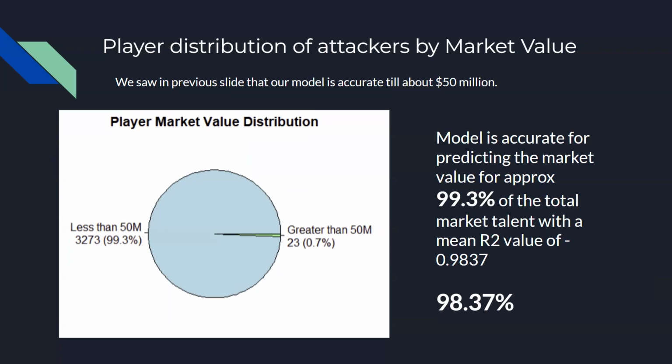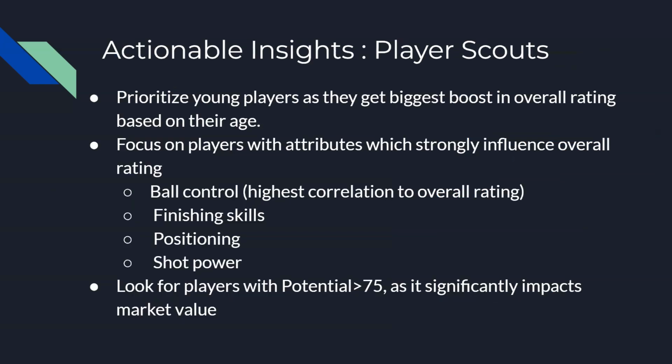So we can tell that our model is accurate for predicting the market value of approximately 99.3% of the talent. And we have an R square value of 0.9837, so 98.37% of the variance can be explained by the model. So based on all this, these are the insights that we could uncover from our model.